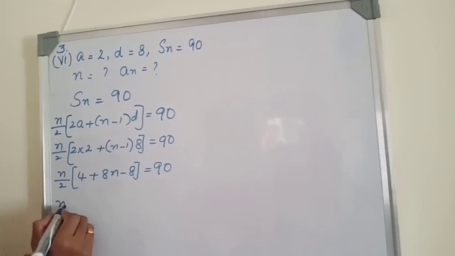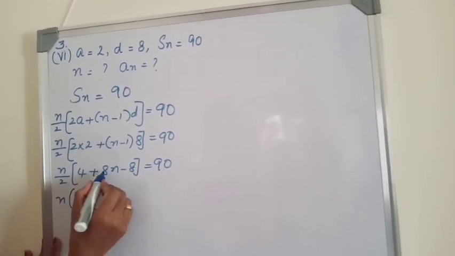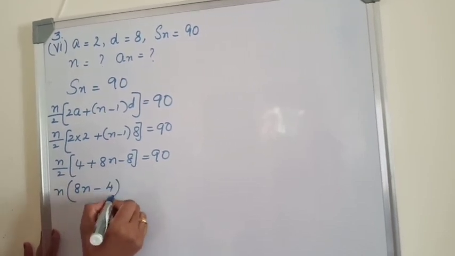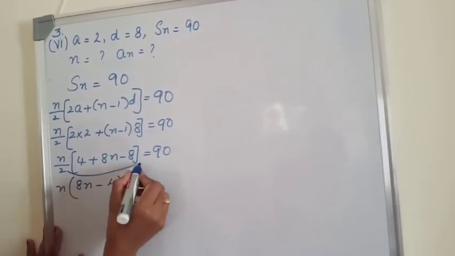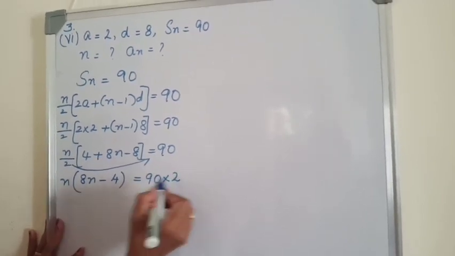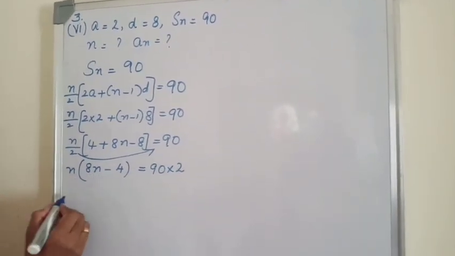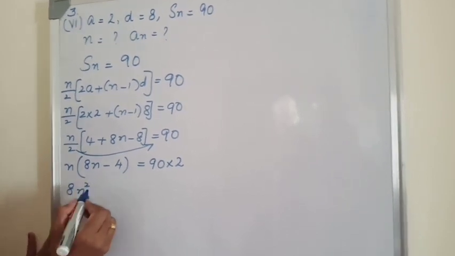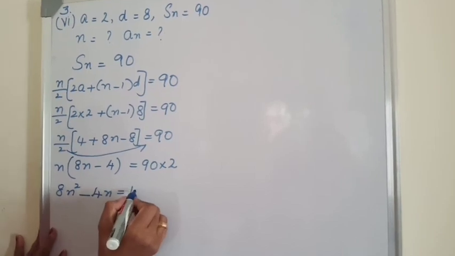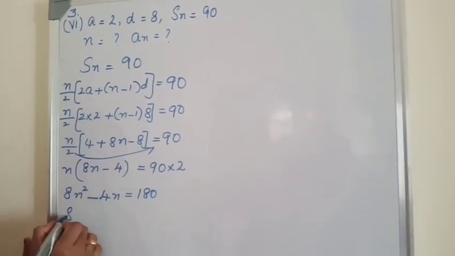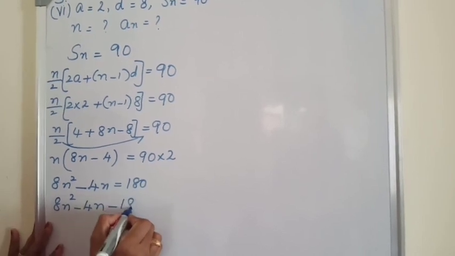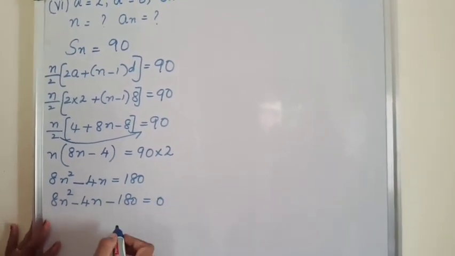So this will become n into (8n minus 4) is equal to 90 into 2. Now we will multiply: 8n square minus 4n is equal to 180. So 8n square minus 4n minus 180 is equal to 0.